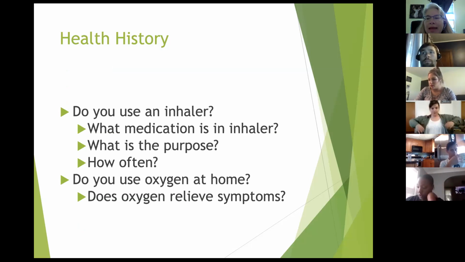One would be their maintenance inhaler, which would be the one that they take every day, once or twice a day, no matter what, 365 days a year. Most of those may be like your steroidal inhalers. They also will probably have what they would call an emergency inhaler.